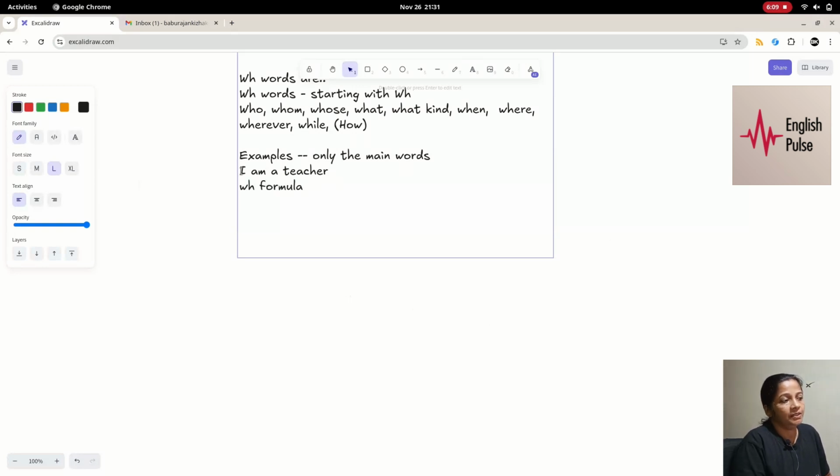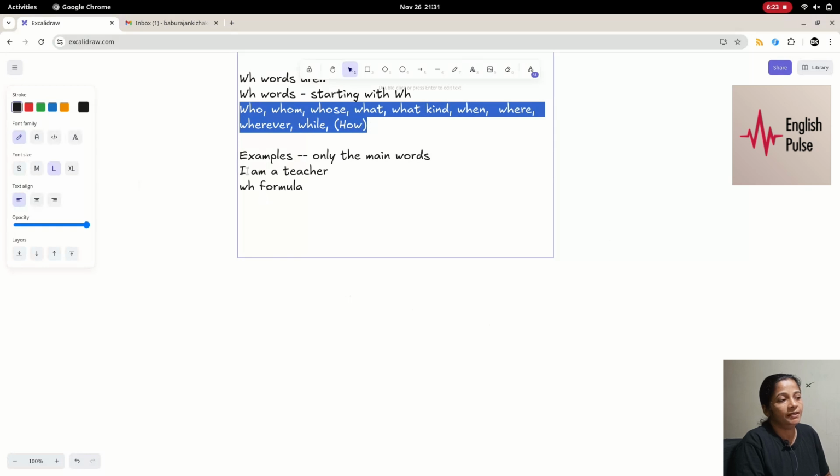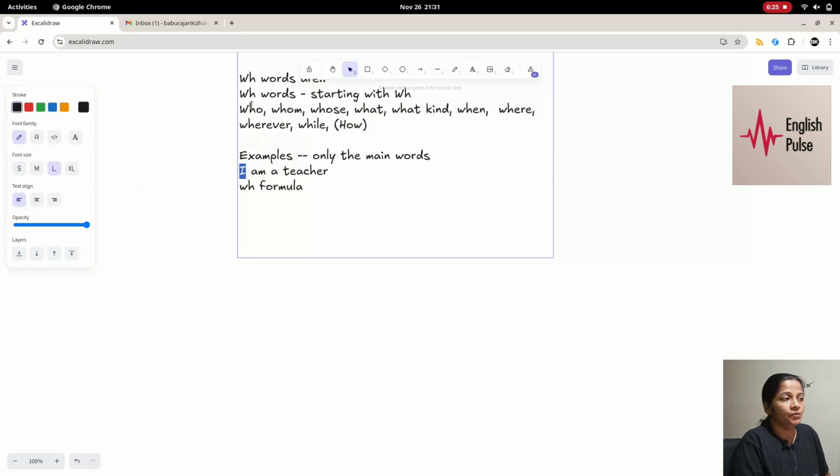Using the WH formula, you identify what is I. How do you relate I with the WH words which we listed here? I means a person. So who, whom, whose, what kind, when, where, why, how. In this, the I goes with which word? Who, right? Who is a teacher?